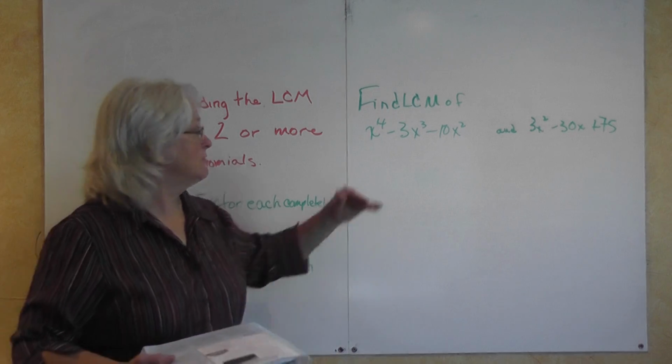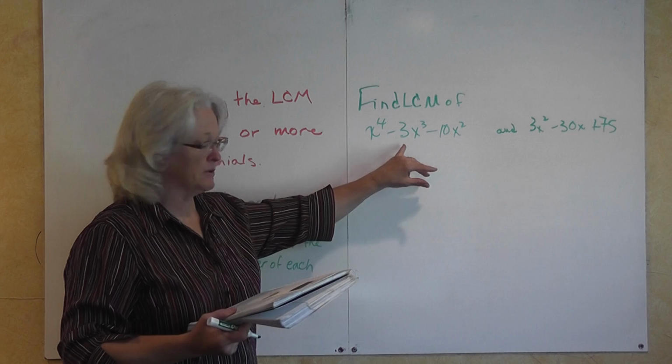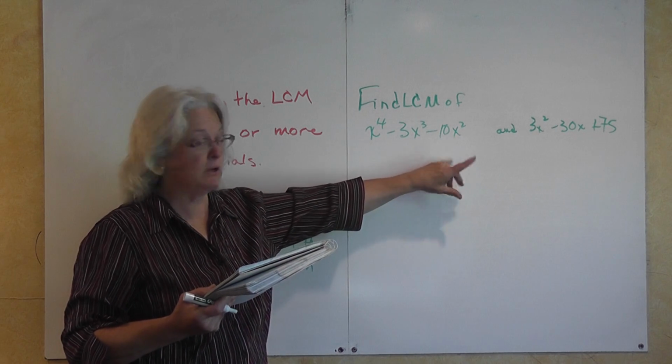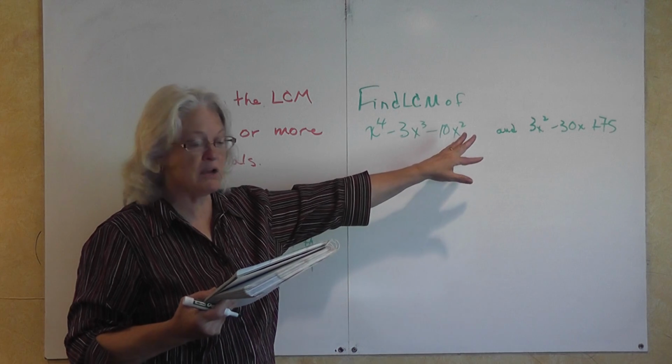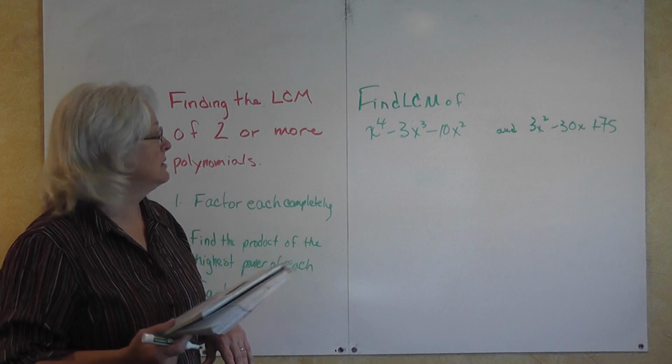Go back and make sure you've copied your problem correctly. X to the fourth minus 3x cubed minus 10x squared. 3x squared minus 30x plus 75. So we're all right with those.